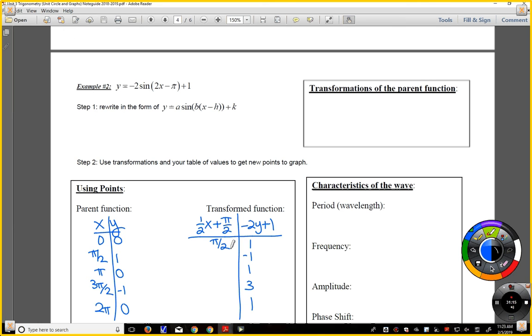So 1/2 times pi over 2 is going to give me pi over 4, and now I need to add that with pi over 2. So I multiplied to get this, and now I need to add that amount. When you add fractions, you need common denominators. So if I want this 2 to be a 4, then this pi has to be 2 pi. And now you can add it together as fourths. It'll be pi plus 2 pi, so it'll be 3 pi over 4.